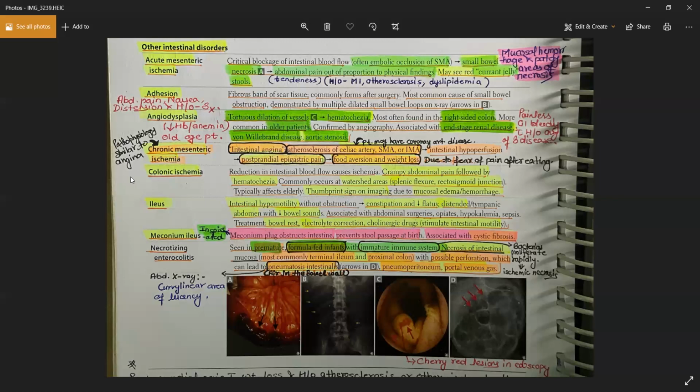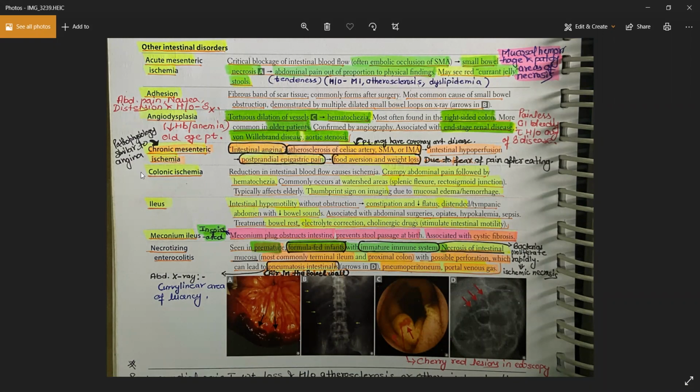Yes. So now comes colonic ischemia, which is reduced intestinal blood flow, of course. You will get crampy abdominal pain followed by hematochezia, and the watershed areas are involved. Whenever you have a diffuse loss of blood supply, please note that both the superior mesenteric artery and the inferior mesenteric artery must be blocked in order to get colonic ischemia.